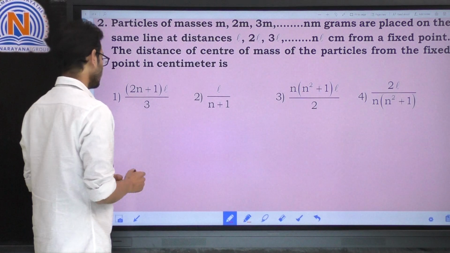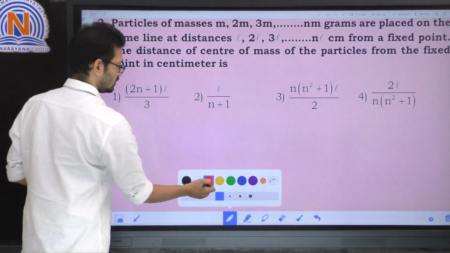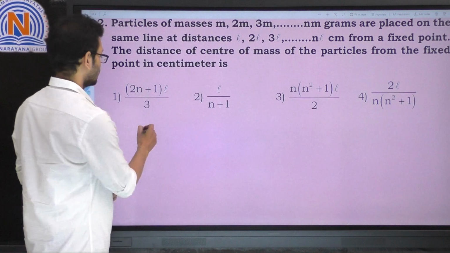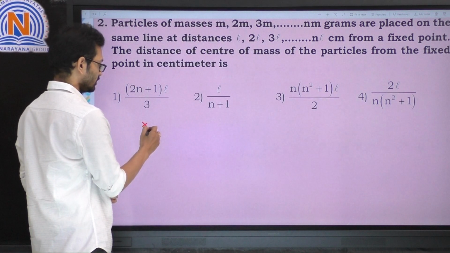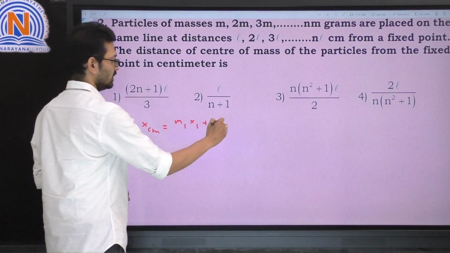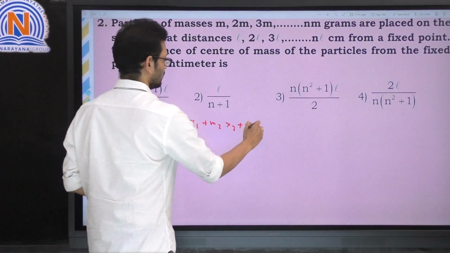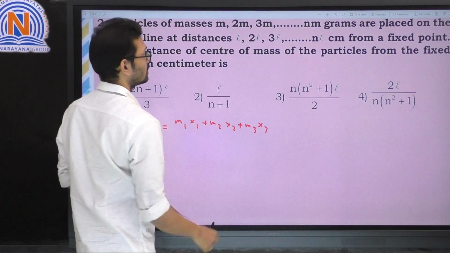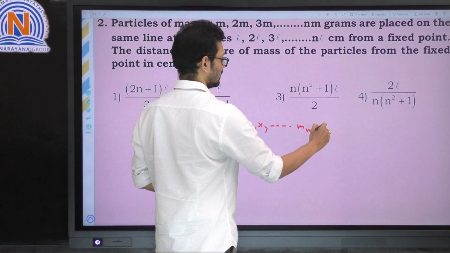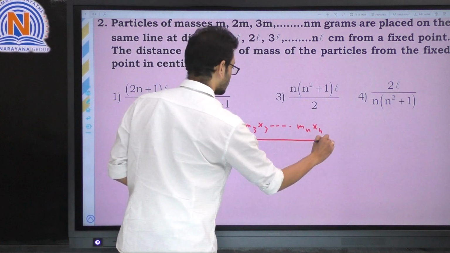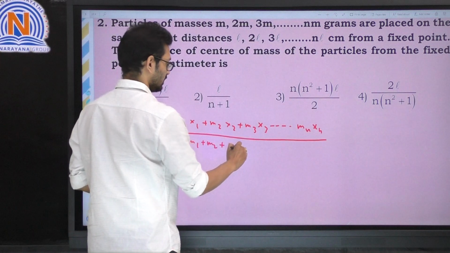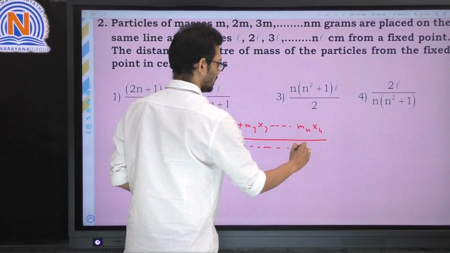When you want to find this kind of answer, first try to solve it by taking the center of mass in terms of x. x center of mass is equal to m1 x1 plus m2 x2 plus m3 x3 and so on, up to mn xn, by m1 plus m2 plus m3 and so on up to mn.